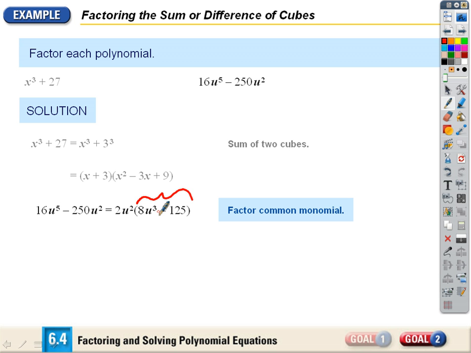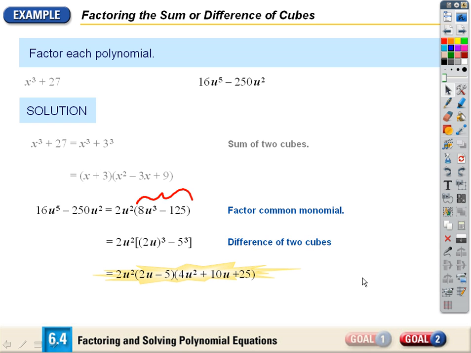Difference of cubes, good. Could 8u cubed be written as one thing cubed? 2u, good. And then 125 is what cubed? 5 cubed. Good. So we break it down that way, and now we just follow that pattern. Okay, and that's it.